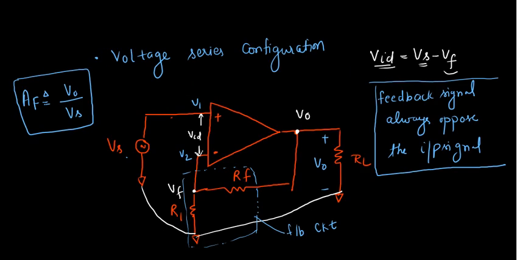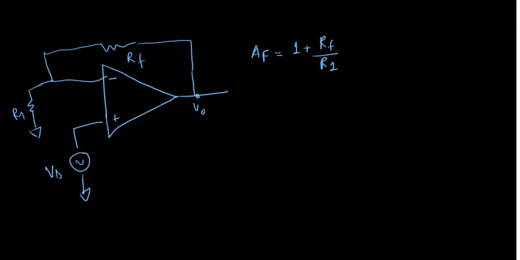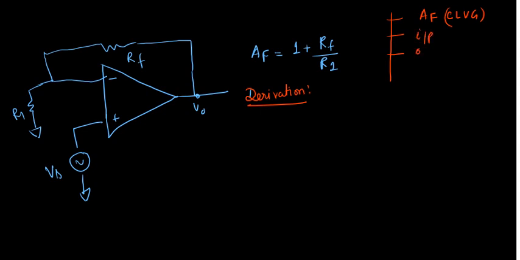Let's try to derive it. Even if you know, let's try to do it again. So we need to discuss four quantities mainly. Closed loop gain. It is called closed loop voltage gain. Input resistance and output resistance.